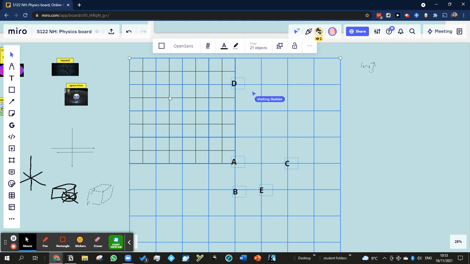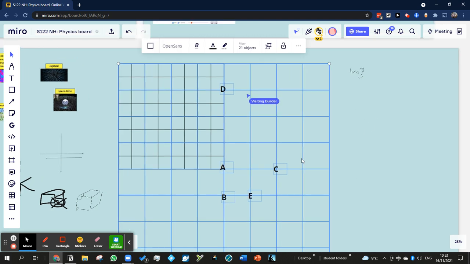Looking back on this, I probably should have made this black grid a lot larger, so we can see it on these other stages. But you can sort of work it out because I've made it fairly simple. So now the distance between A and B was 1 meter, and now it's 2 meters. The distance between B and E was 1 meter, now it's 2 meters.